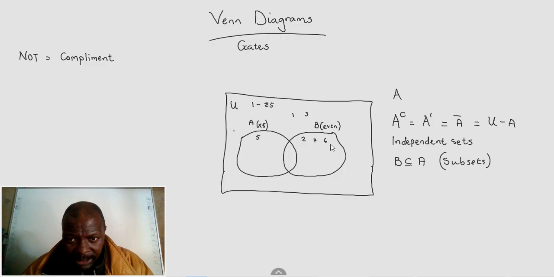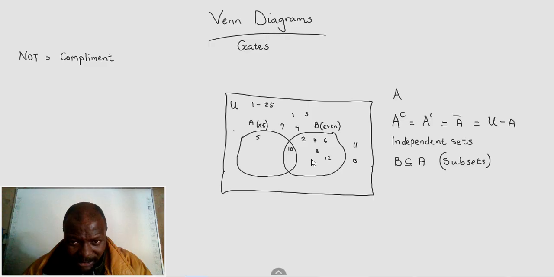Let's go to 7. 7 is neither a multiple of 5 nor even. Let's go to 8. 8 is even and it's not a multiple of 5. Let's go to 9. It's neither. Let's go to 10. However, 10 is both a multiple of 5 and an even number. Let's go to 11. It is neither. Let's go to 12. It is even. Let's go to 13.